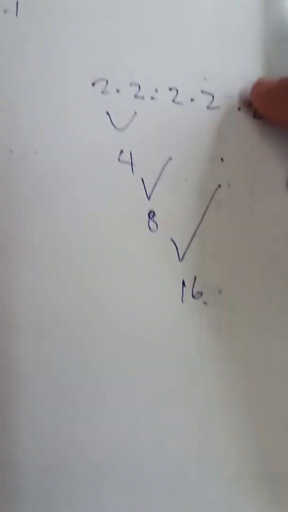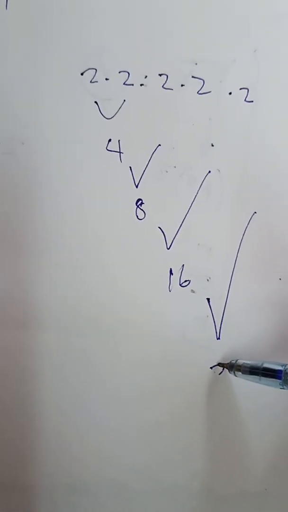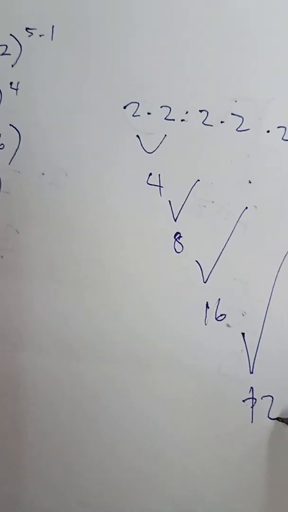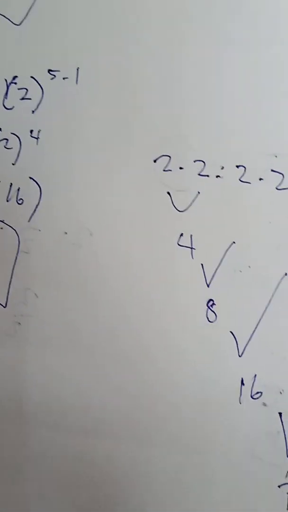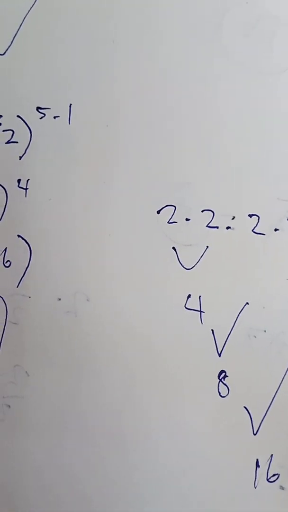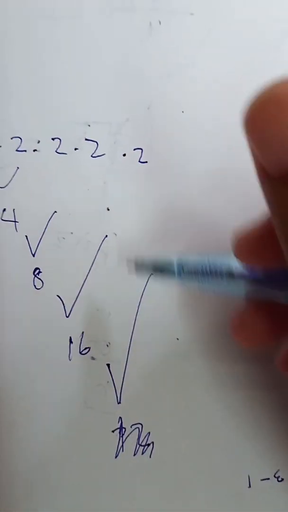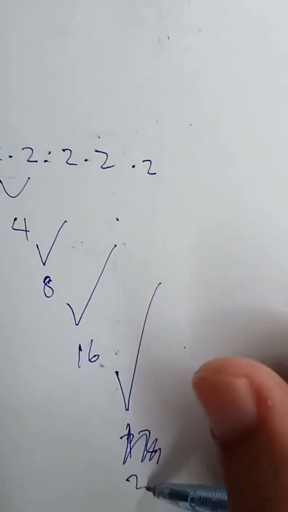So 16 times 2, that's 32, right? 16 times 2 is 32.